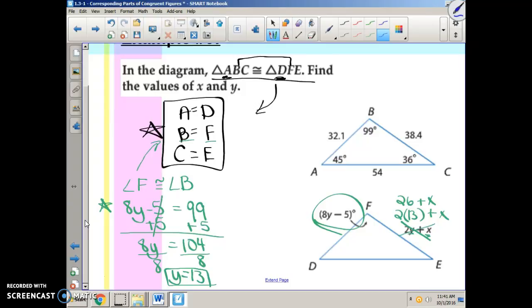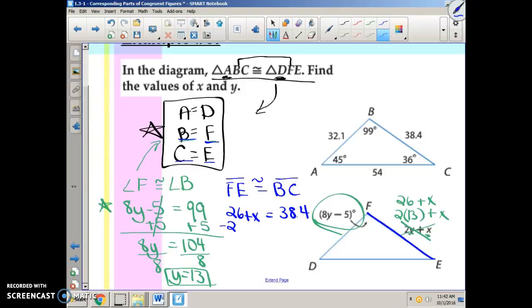Okay? So I've got FE, that's my side, right here. And if I look at my handy-dandy key again, FE is congruent to BC. So I'm going to start off just like I've done with all the other units, just starting with the basic sides. If I plug it in, I've got 26 plus x is equal to 38.4.